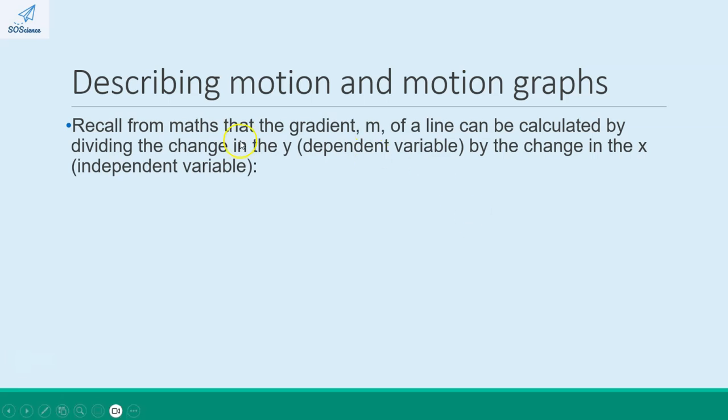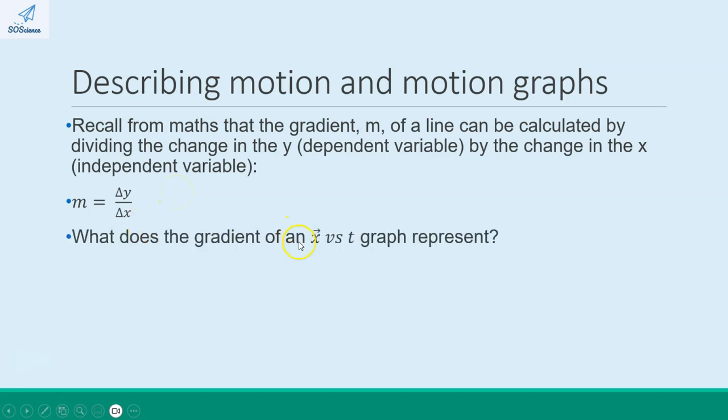Now, we need to recall from maths that the gradient m of a graph can be calculated by dividing the change in y, delta y, over the change in x, delta x. So it's the dependent variable divided by the independent variable. So mathematically, m, which is the gradient, is equal to delta y over delta x.